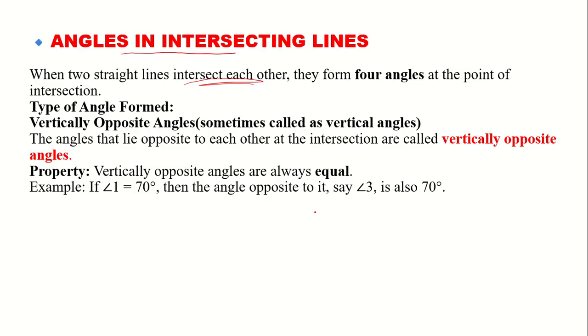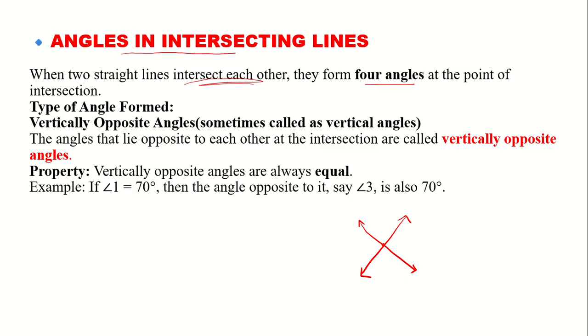So, let's say this is one line, and this is the other line. Whenever these two lines cross each other or meet each other, they form four angles at the point of intersection. So, these are the two straight lines crossing each other at a point of intersection.